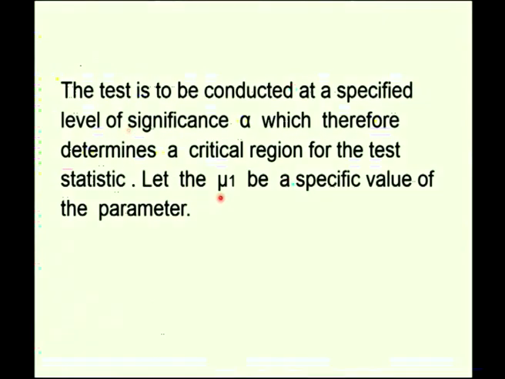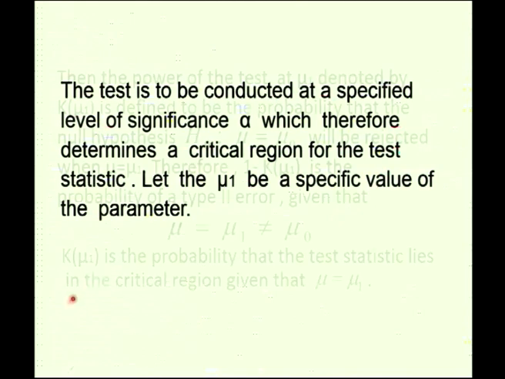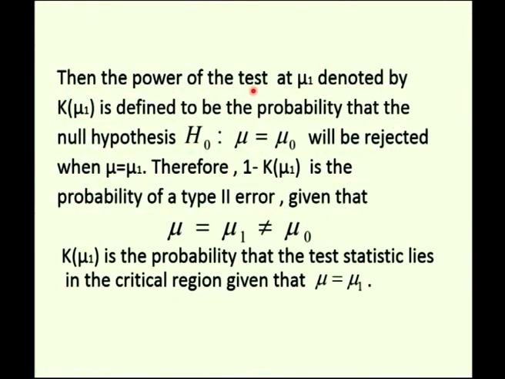Now, let mu 1 be a specific value of the parameter mu. Then, the power of the test at mu 1, denoted by k of mu 1, is defined to be the probability that the null hypothesis H naught, mu is equal to mu naught, will be rejected when mu is equal to mu 1.